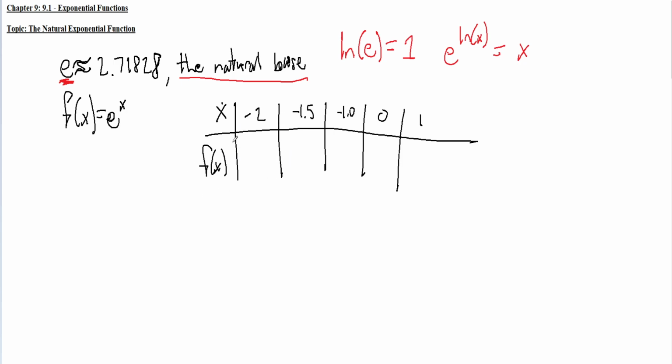So when x is equal to -2, we can say we have f of -2 equal to e to the -2, and that's really equal to 1 over e squared, and that is approximately 0.135, okay? So we'll put a little squiggle there, and you can go ahead and fill out the table here, but we end up with these values here.